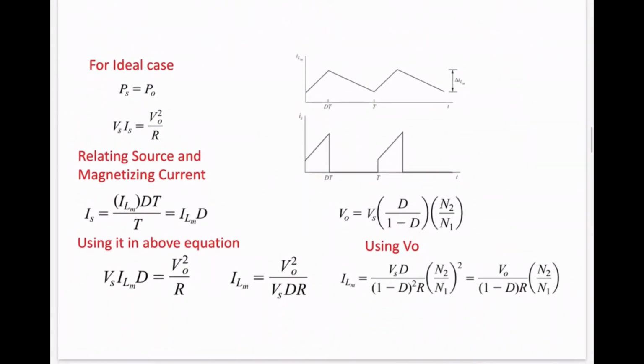Right? Okay, now let's move towards this slide. Let's assume that our converter is ideal. So whatever will be your input power, that will be your output power. So PS, supply power, will be equal to your output power, and supply power is the product of the supply voltage and supply current, and the load power is V square by R. Right?